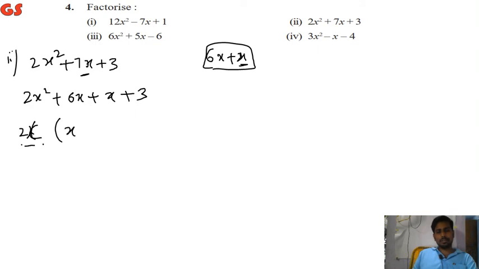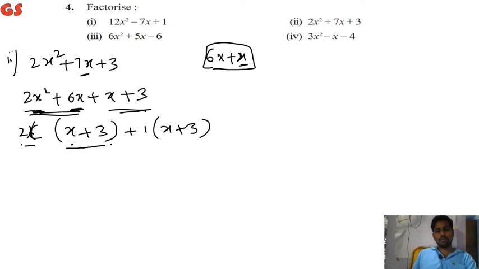So 2x into x is 2x square, the same term. Plus sign as it is. Then 2x into 3 is 6x. Then plus 1x plus 3. So we are getting the common term x plus 3 and x plus 3.